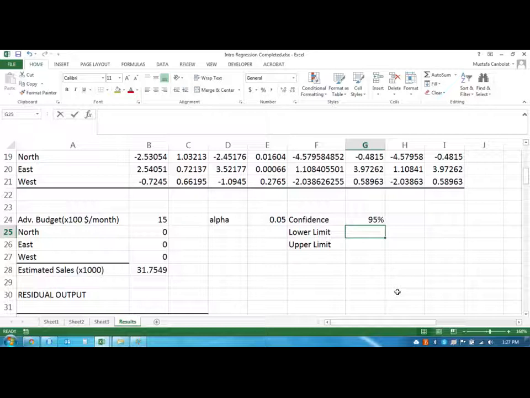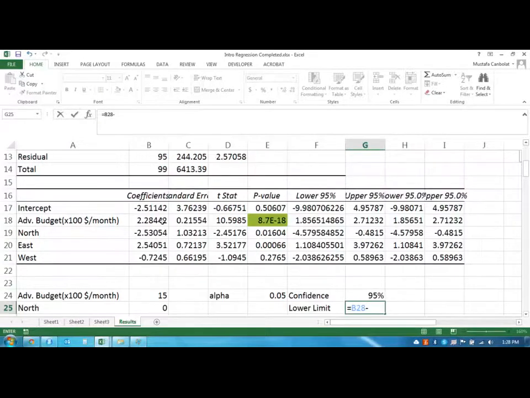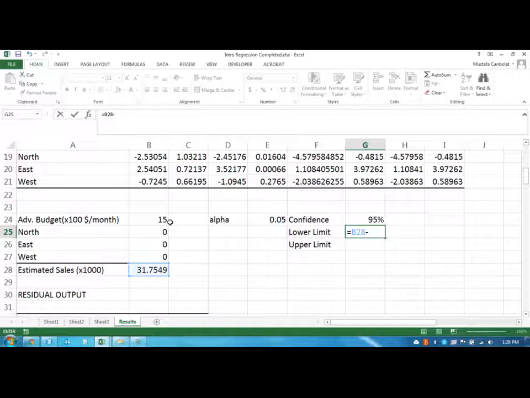So our lower limit is going to be the estimated sales minus the z-value for the alpha level. Or maybe, since we have a very large sample size, instead of using the z-value we could utilize the t-value as well. Or you could simply, instead of using 1.96 for the alpha, make a rough estimation and use 2, plus and minus 2 standard errors above and below the estimated sales.